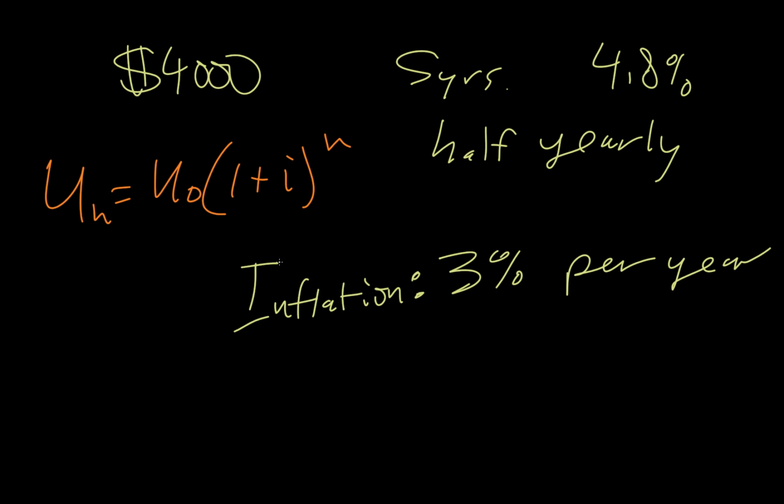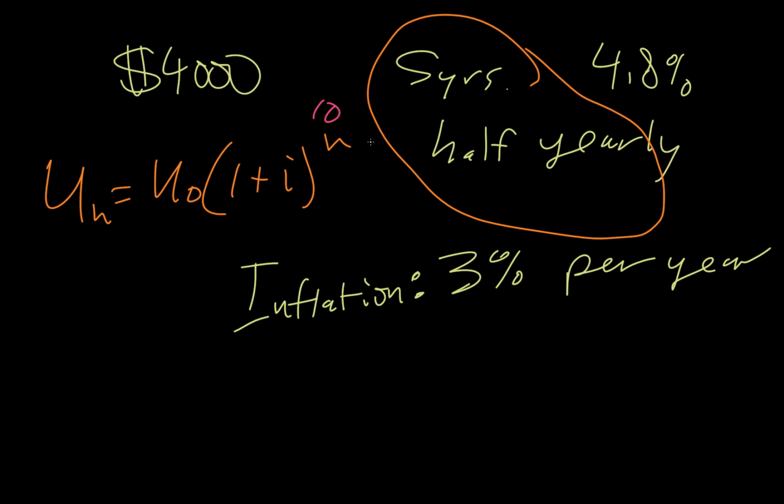So we need to find our n value, and we're going to take that information to do it. Since it's half yearly, it's 2, so 5 times 2, our n is 10.